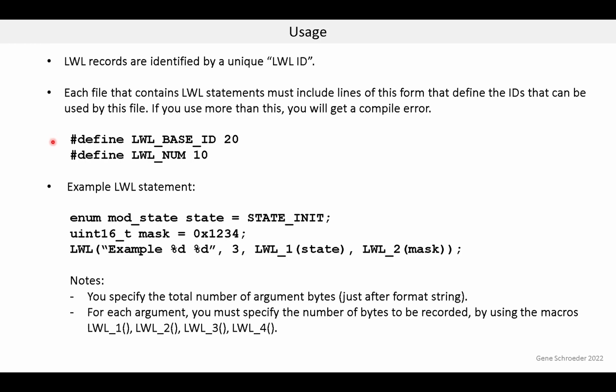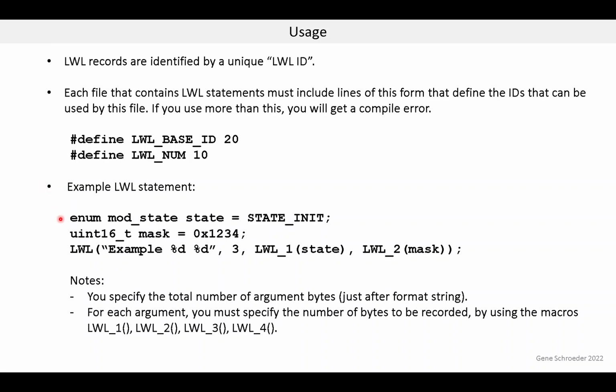So these two lines are needed by the LWL statements below, but the formatting tool also uses them. Currently, the formatting tool requires that literal numbers be used like this, the 20 and the 10. So here is an example of an LWL statement. Of course, this is a sort of a phony example.